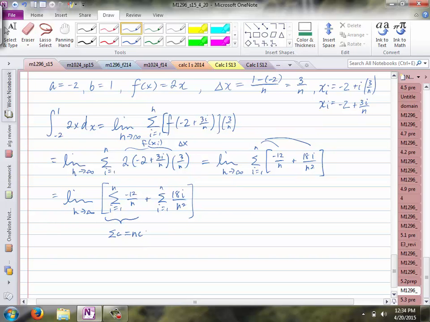We have the sum of a constant. And so our constant is negative 12 over n. And so what we're going to have, let me just address that part by writing the next line, is negative 12 over n times what? So that's the constant.